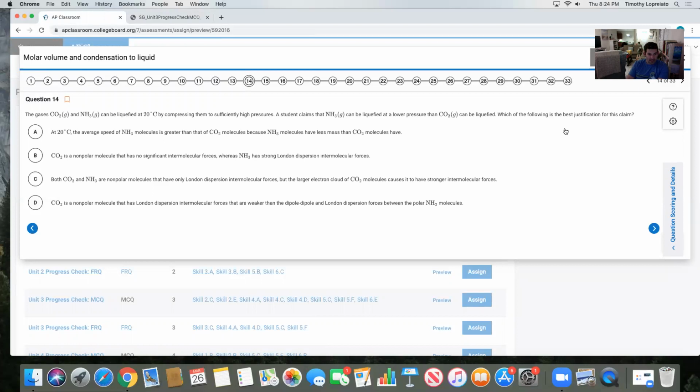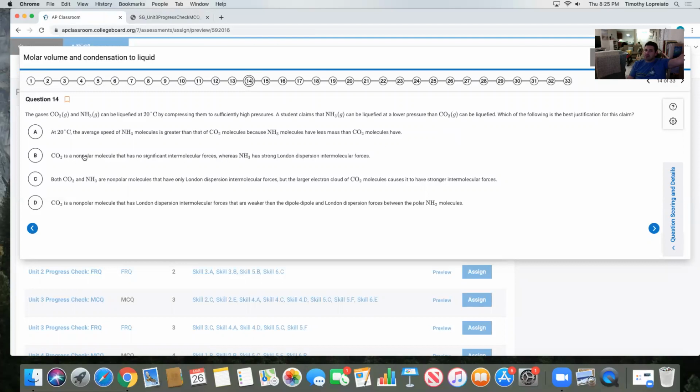At 20 degrees Celsius, the average speed of NH3 molecules is greater than that of CO2 molecules because NH3 molecules have less mass than CO2 molecules. Well, that's true, but mass usually isn't the explanation for these types of things. It's not that different. Mass, 17 grams per mole versus 44, I guess a little bit different.